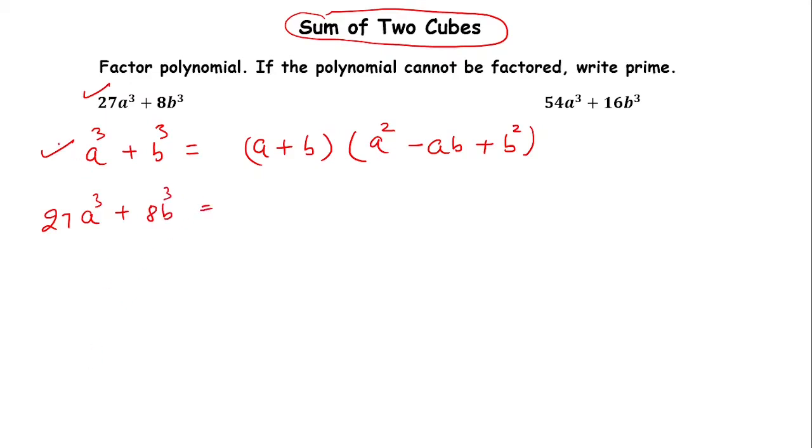I can use this identity if these two numbers are perfect cubes, but they are not. If we try, we can make it. How? Let's see, how can you make this?